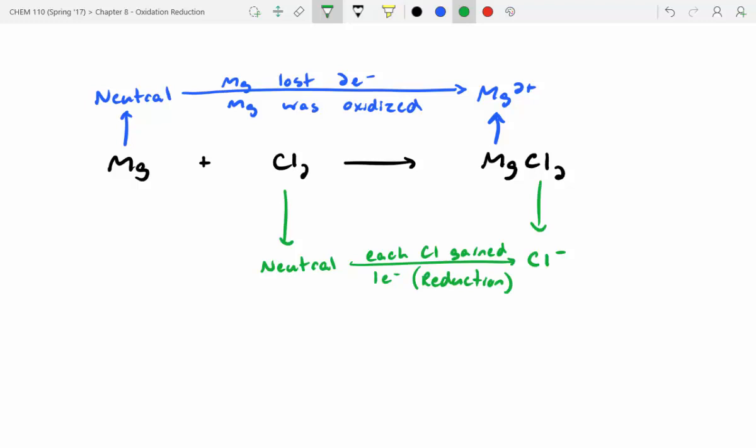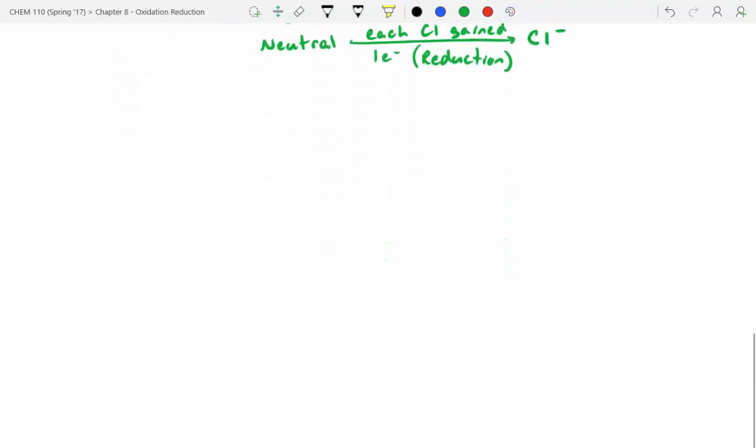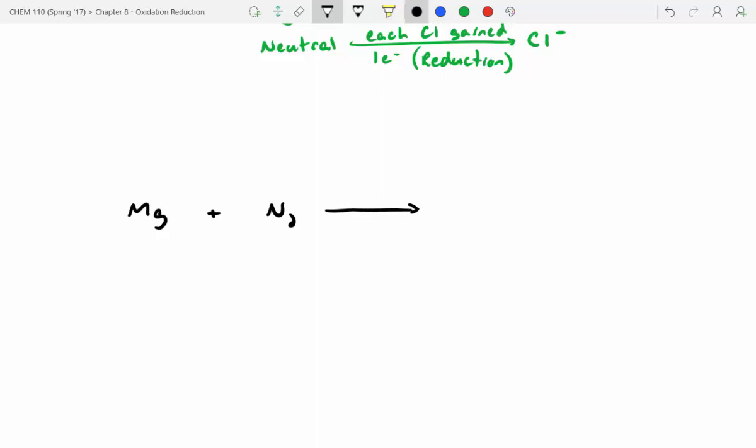You guys want to try another one? A little bit more challenging this time? Let's do another one with magnesium plus nitrogen. Goes to Mg3N2. What would we name the molecule on the right? Mg3N2.